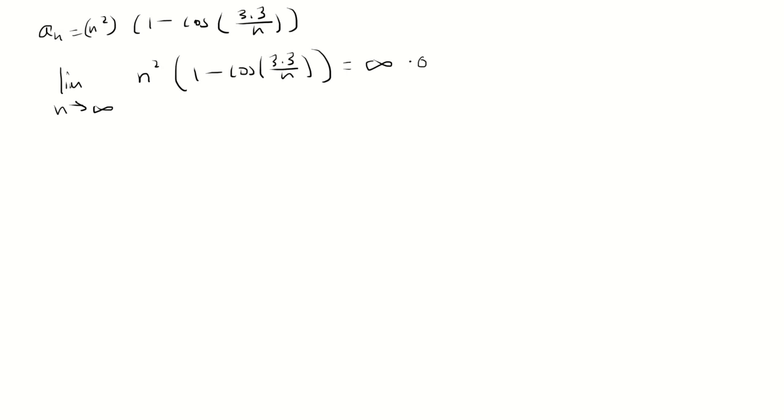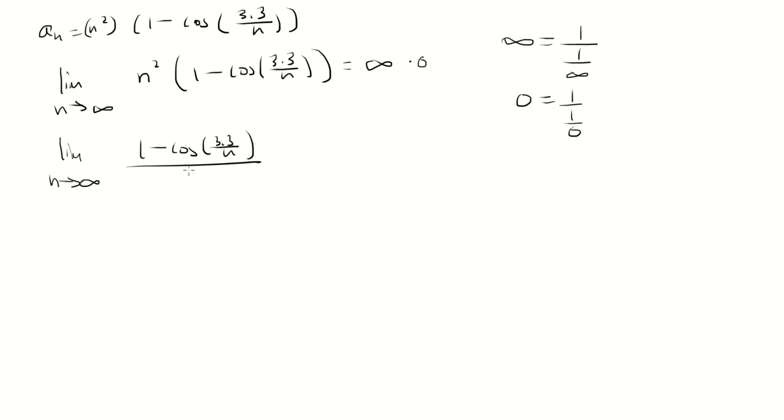And whenever you have infinity times 0, you want to either put infinity as 1 over infinity, or the 0 as 1 over 0. So in this case, it's easier to put the n squared on the bottom. So that's what we're going to do. So you have 1 minus cosine of 3.3 over n divided by 1 over n squared.